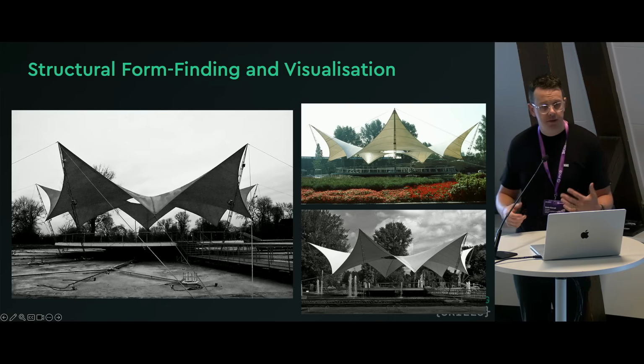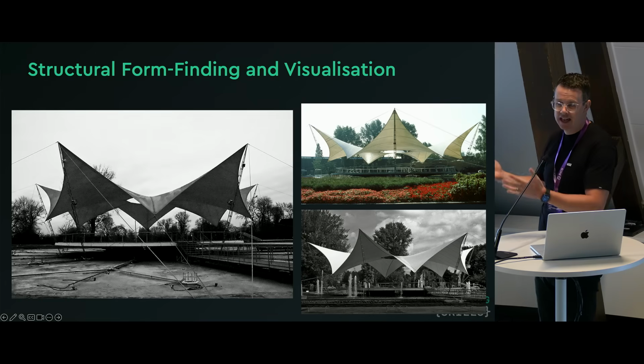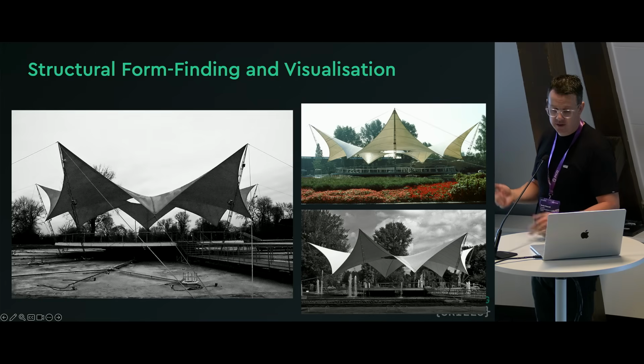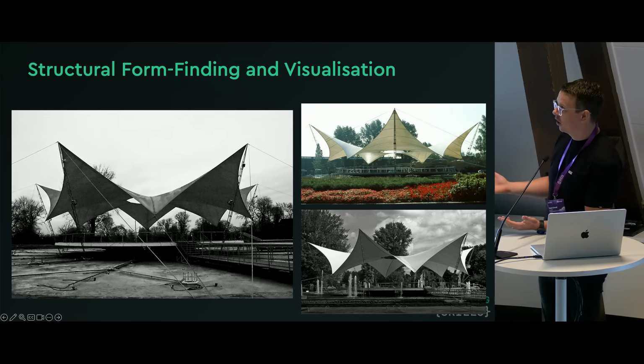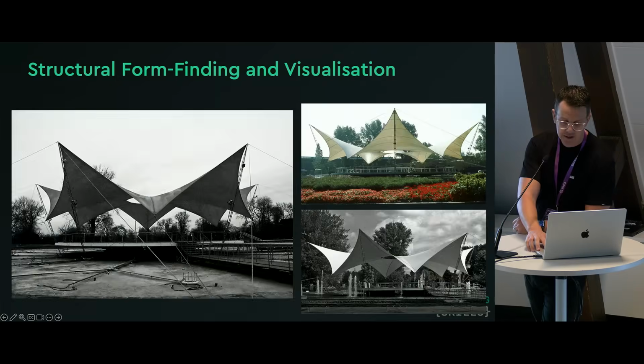There are algorithms that we can use to do this relaxation process, but it turns out that Blender's cloth simulation happens to be a really great tool for form finding, a really nice, easy tool to use.